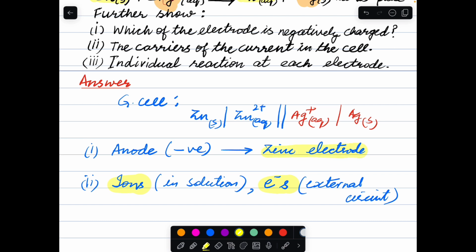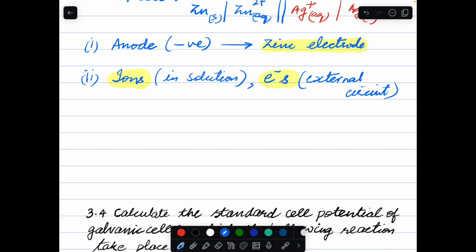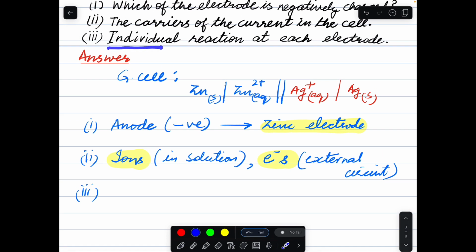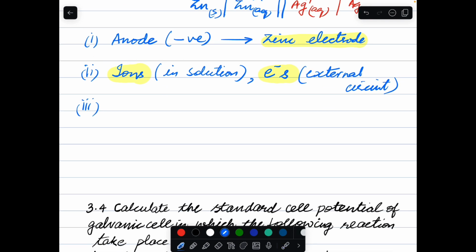Third part of the same question. Third part is we have to write down the individual reactions at each electrode. So we know that anode is the electrode on which the oxidation process is taking place.